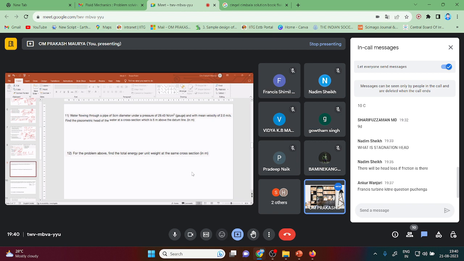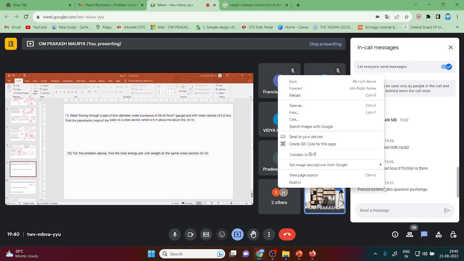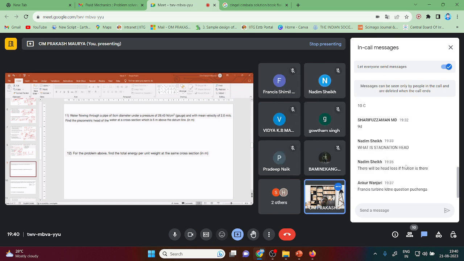So question number 11, please solve, everyone. Water flowing through a pipe of 5 centimeter diameter under a pressure of 29.43 Newton per centimeter square.